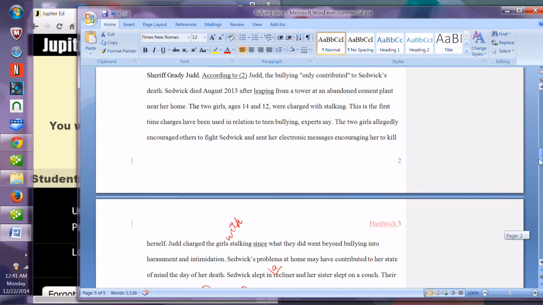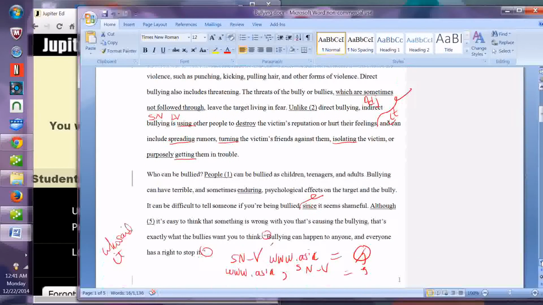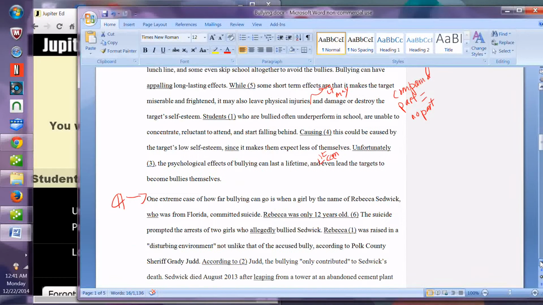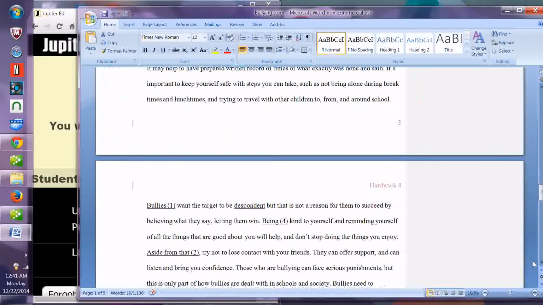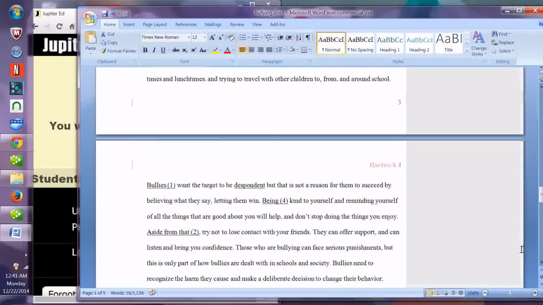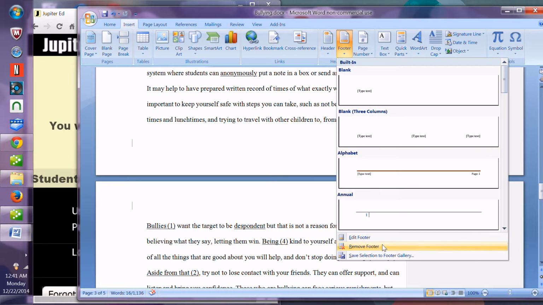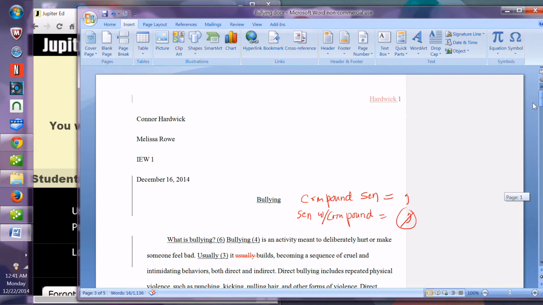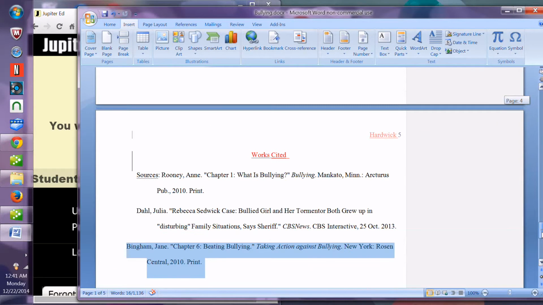It should automatically change your page numbers for you. See, 1, 2, 3, 4. I need to get rid of that footer. If you use that page number as your header for your running head, it'll automatically change your page numbers for you. So let me show you how I want you to do your intro and your conclusion.